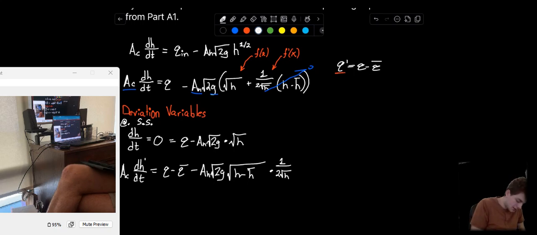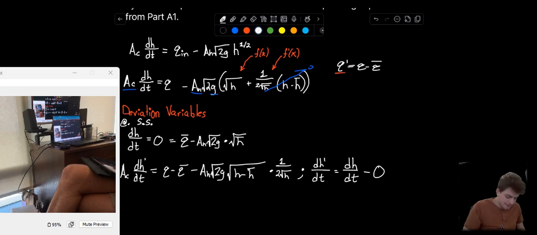And so that's just done by, again, I guess at steady state, we're denoting these as bar terms, right? So all of that is just simply subtracting off our steady state from our original equation here, right?